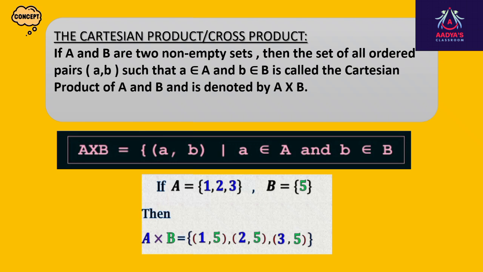Look at the first coordinates of A cross B: 1, 2 and 3. They all belong to set A. And look at the second coordinates of A cross B. It is all 5. So first coordinates belong to set A and the second coordinate belongs to set B. Alright. So A cross B would be {(1, 5), (2, 5), (3, 5)}.